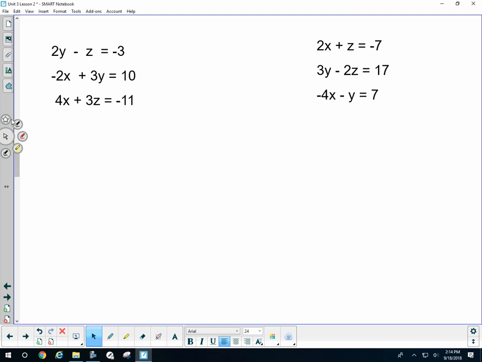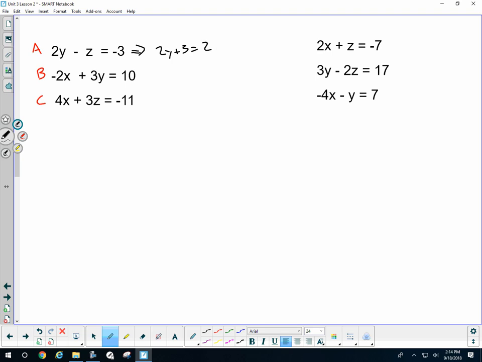Now, my instincts, hopefully the same as yours, is to solve equation A for z. Because it's just by itself, I'm not going to have to worry about dealing with any fractions. So I'm going to add z and then add 3 to get z is equal to 2y plus 3, or 2y plus 3 equals z.